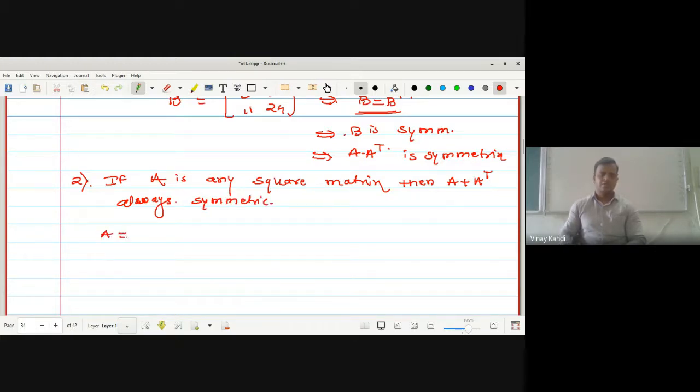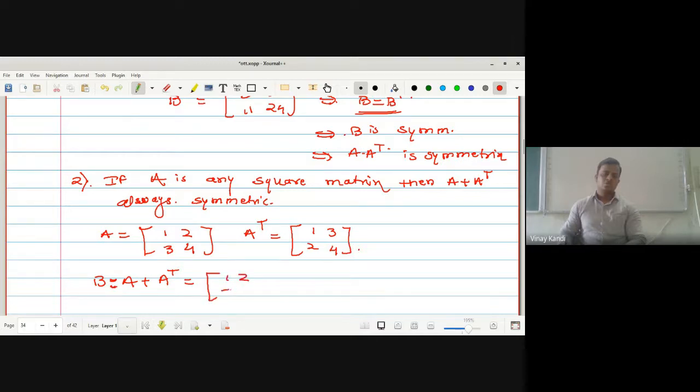A is 1, 2, 3, 4. What is A transpose? What is A plus A transpose? Give it name as B. [1, 2; 3, 4] plus [1, 3; 2, 4], which is equal to 1 plus 1, 2; 2 plus 3, 5; 2 plus 3, 5; 4 plus 4 is 8.